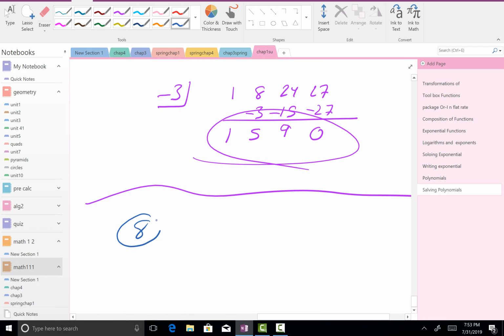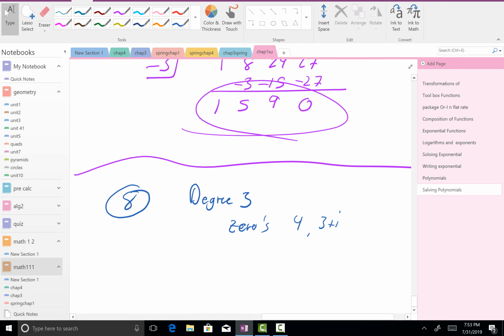8. Okay. 8 says it has a degree of 3. And the zeros are 4 and 3 plus i. Those are our zeros. And it's a degree of 3. We need the other 0.